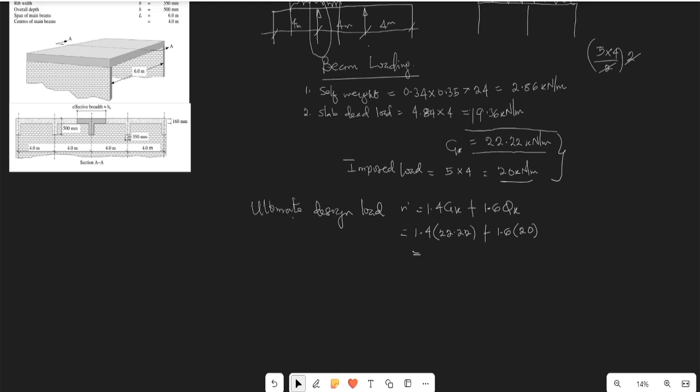So if you punch your calculator, you would have 63.108. All right, so we have 63.11 kilonewton per meter. All right, so this is quite clear.